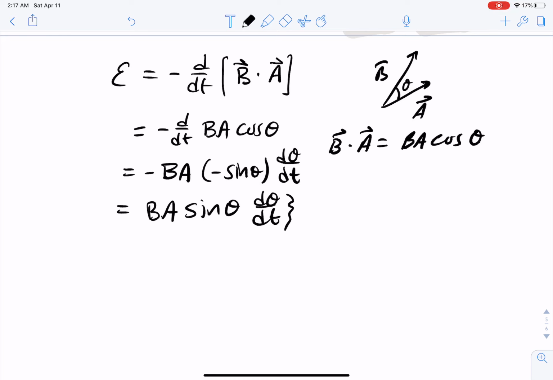Okay, so if it was spinning at a constant rate, this would just be a constant number, omega. And so you can see why the needle was swinging back and forth, because theta was changing with time. And so the sine was causing the EMF to swing back and forth.